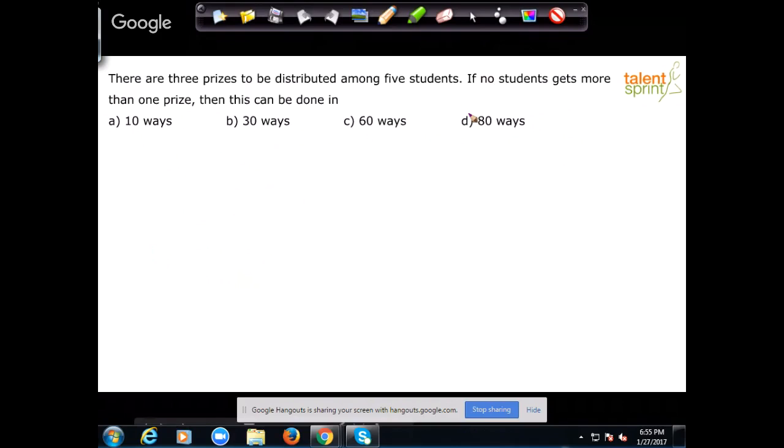So this time we are stuck between option A and option B. 10 ways or 30 ways. You have to tell me what you did to arrive at whatever you have got.